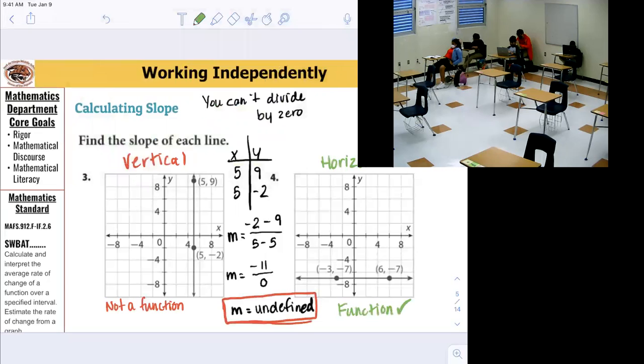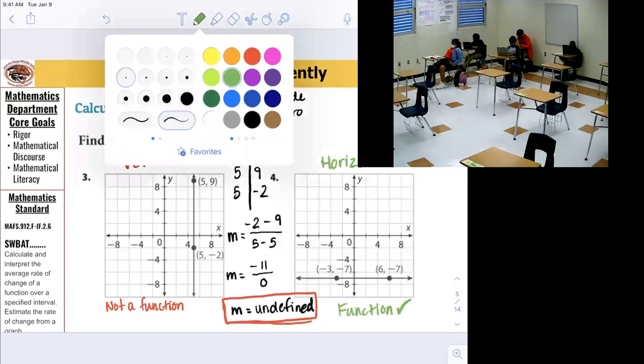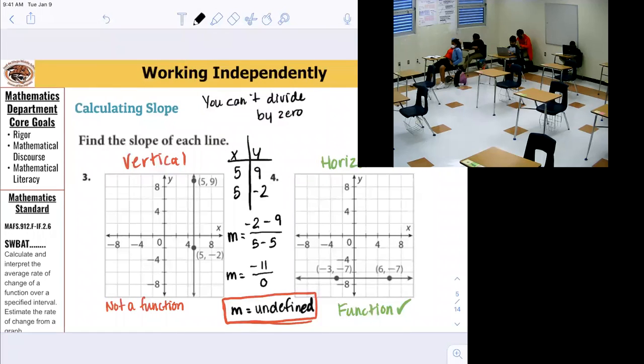Because let's see what happens with a horizontal line. I'm going to do the same exact thing. I'm going to make my little table, and I'm just doing this really quick. You can follow along, but you don't need to write everything. But I have negative 3 comma negative 7, and I have 6 comma negative 7.